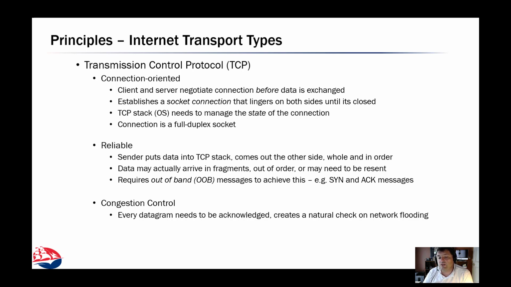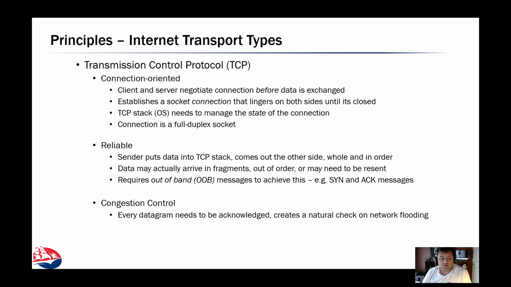Of course, that also means that there are going to be messages exchanged back and forth between the TCP transport layers that are not data messages. We call those out-of-band messages, messages that are not the main data that we're going to send and receive. That also means that we're going to be sending more messages than the actual data messages.